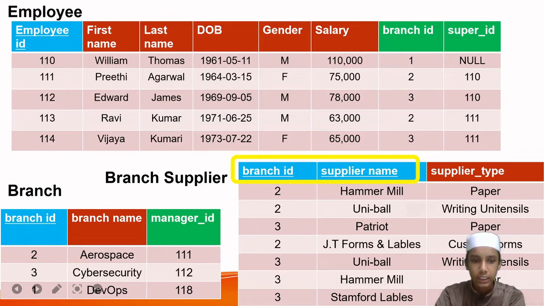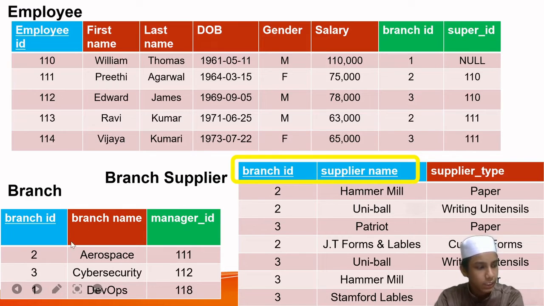A composite key is a DBMS, database management system, key having two or more attributes that together can uniquely identify a tuple in a table. Such a key is also known as a compound key, where each attribute creating the key is a foreign key in its own right. This key is made up of two columns: branch ID and supplier name.